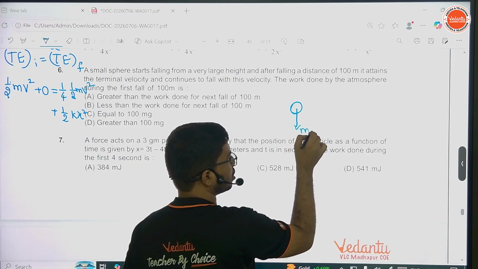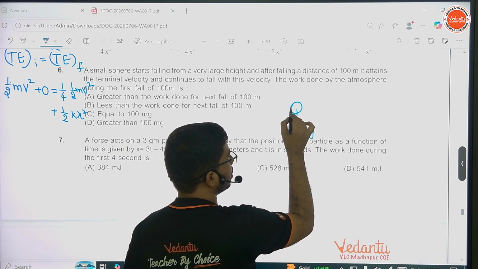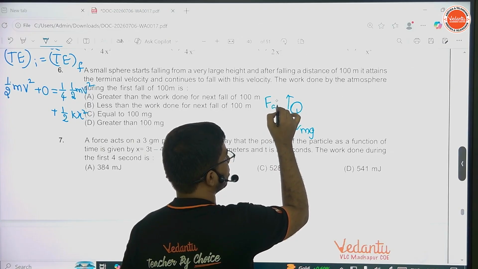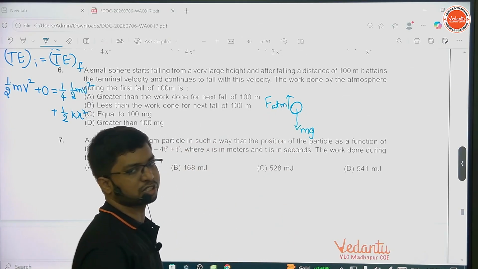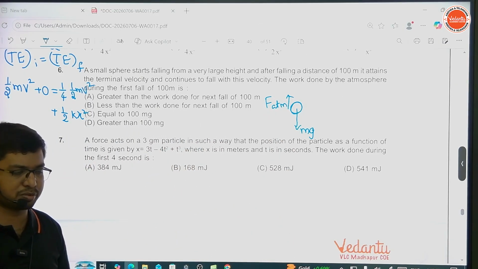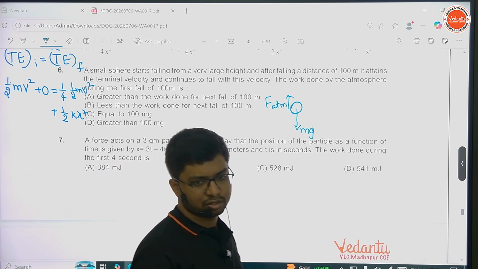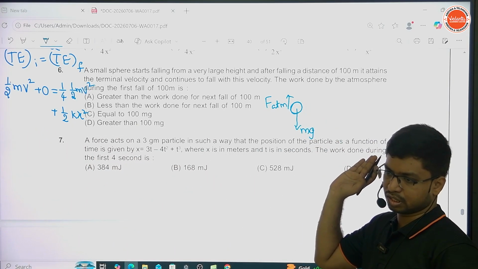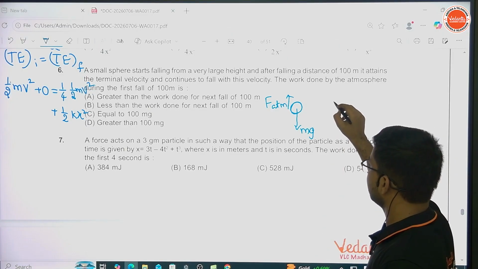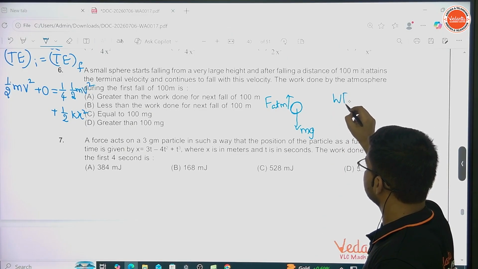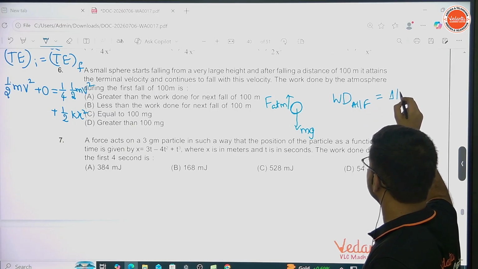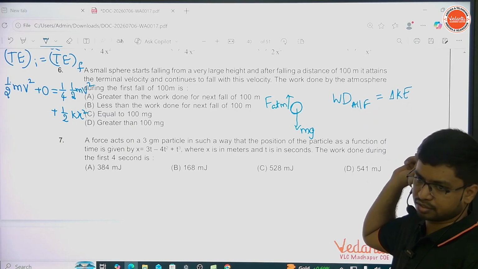One is the mg force, and the other is the force by the atmosphere. Are there any other forces? No other forces. So if you can identify all the forces, then directly write down your work energy theorem. Work done by all forces is equal to the change in kinetic energy.